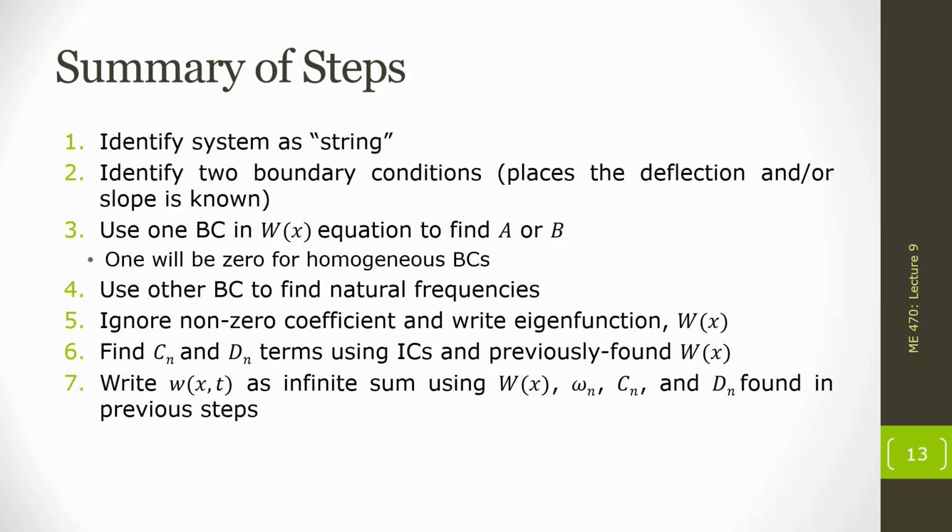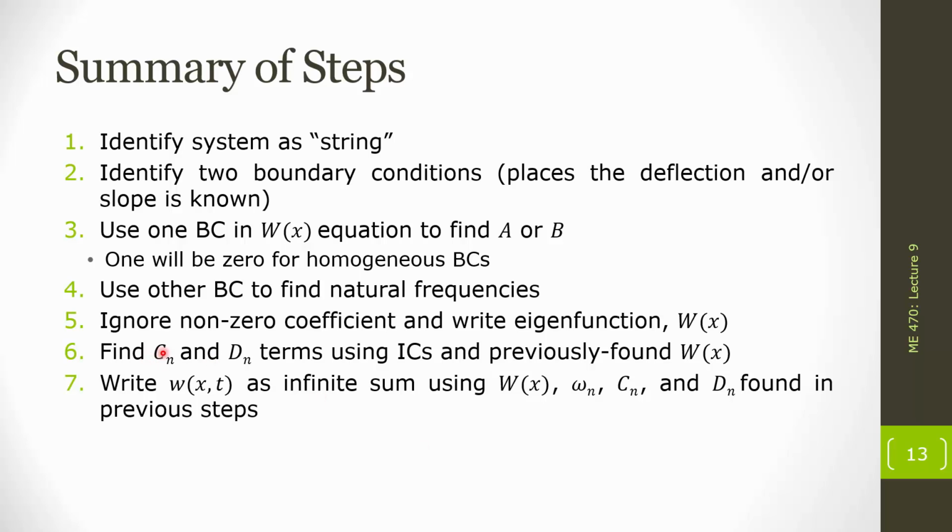Once we have the natural frequencies, once we have one of those coefficients equal to 0, then we can write our eigenfunction. We can find what w of x is, or really w sub n of x, because it's a function of the nth natural frequency. We have our eigenfunction, then we can go on and apply our initial conditions to find the coefficients for the capital T term, those Cn terms and those Dn terms.